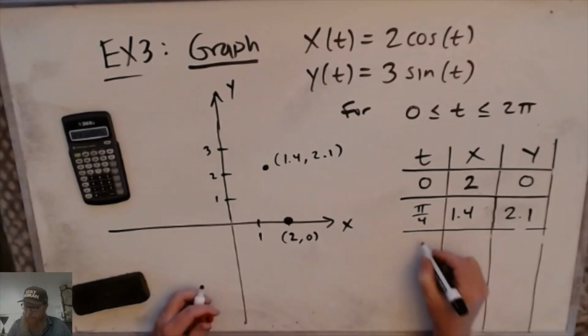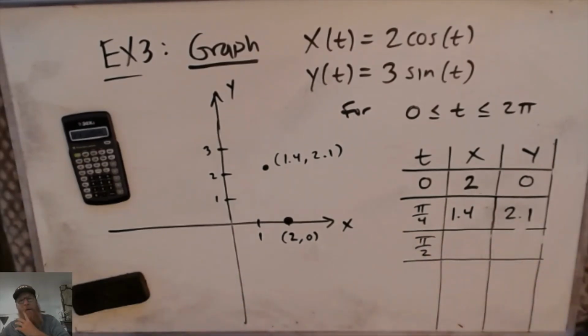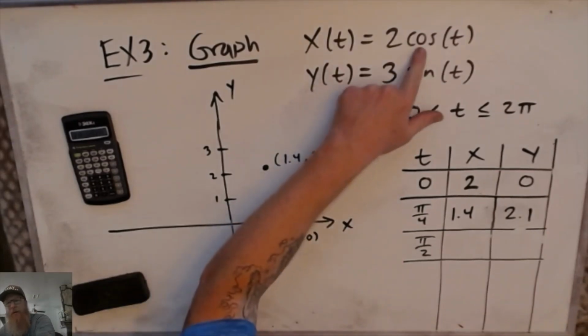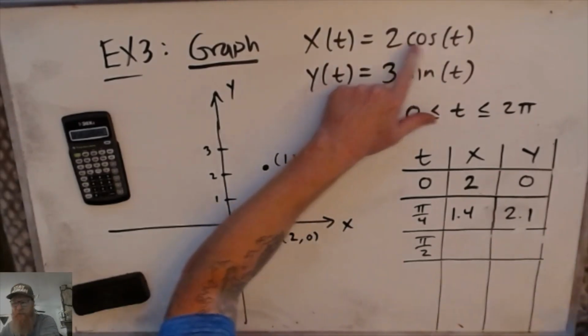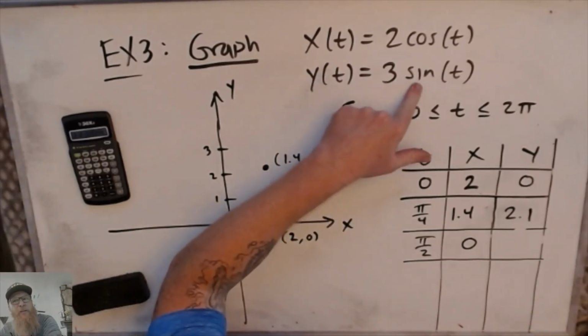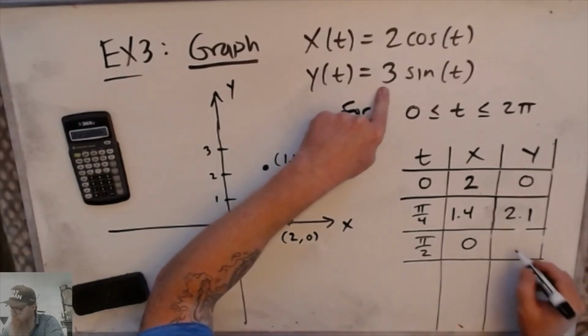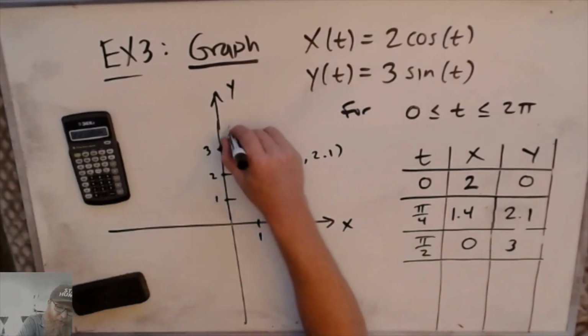Okay. Let's skip to pi over 2. At pi over 2, cosine of pi over 2 is 0, and 2 times 0 is 0. Sine of pi over 2 is 1, and 3 times 1 is 3. So now we're here at 0, 3.